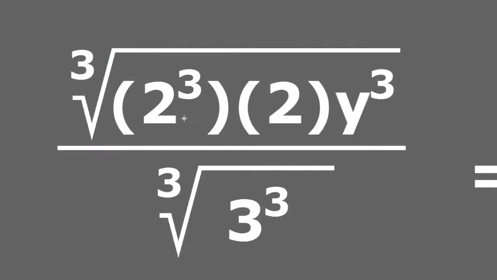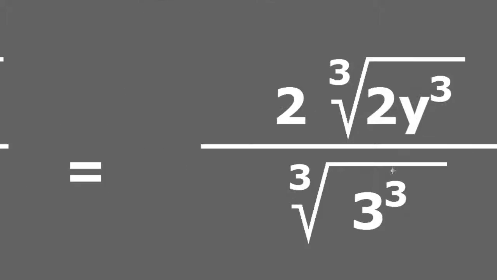So these two can come out of the radical sign. Also, the variable y has an exponent 3, and the cube root has a grade 3, so this can be taken out of the radical sign. And in the denominator, the 3 has an exponent 3, which is 3 cubed, and also has a root of grade 3. So let's see what we do with all of that.